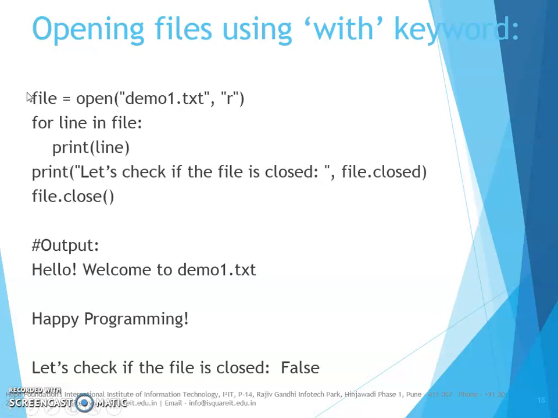Now in the previous case, as we have studied by using a loop, if you print the lines and check if that file is closed, it will return False, because we are opening it without the with keyword, using a for loop. So manually it is necessary to close that file.